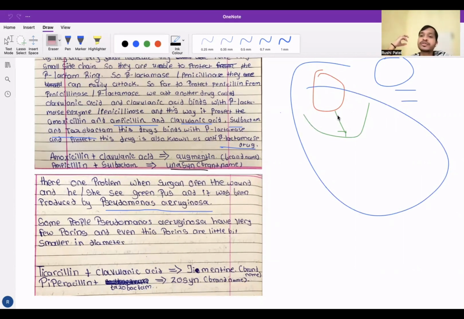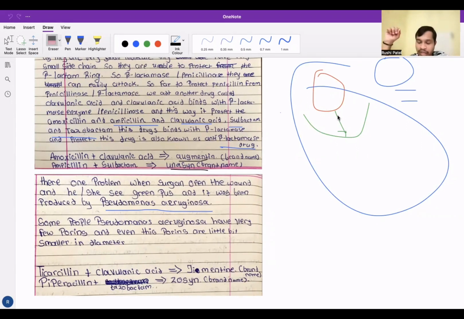For only one reason: whenever doctors go for surgery, open the wound and see green pus, that green pus is produced by Pseudomonas aeruginosa. And the smart penicillin fails on Pseudomonas aeruginosa. Why does it fail? Because of the porin diameter.